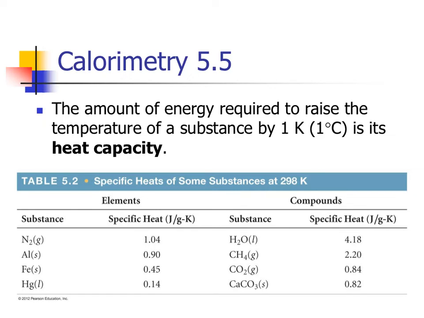Now, water, as we can see, has a value of 4.18. That's going to be very important for us to remember, because that's what we use in the lab fairly frequently as we do our calculations, because that will be the substance that we use as the surroundings.